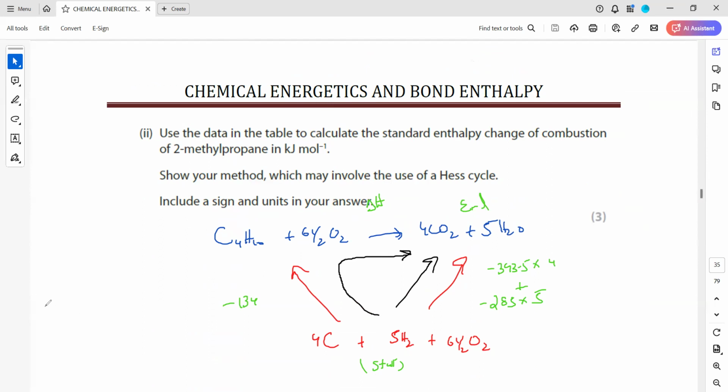So it will be minus 134 plus delta H equals minus 393.5 times 4 plus minus 285 multiplied by 5. This minus 134 will move to the other side. This will give us the enthalpy change of combustion of this 2-methyl propane.